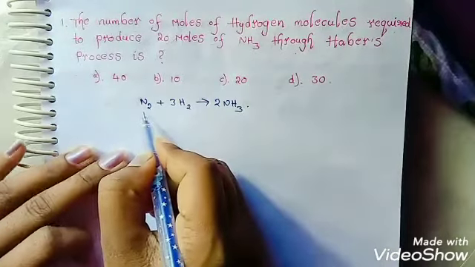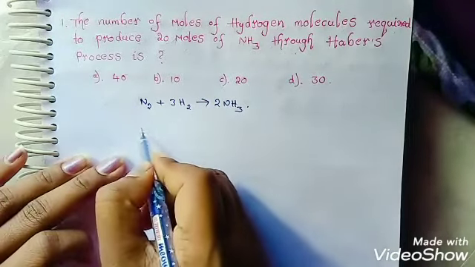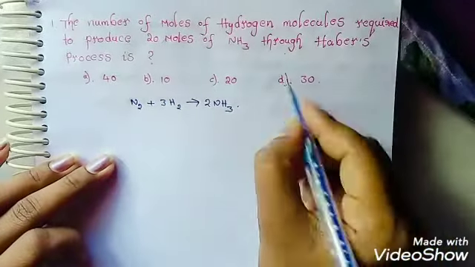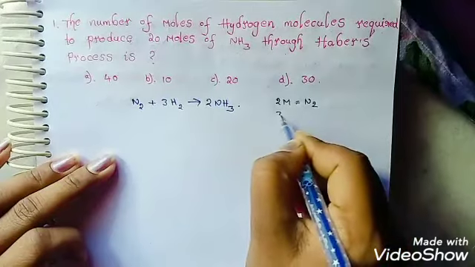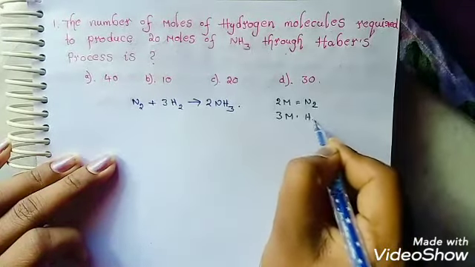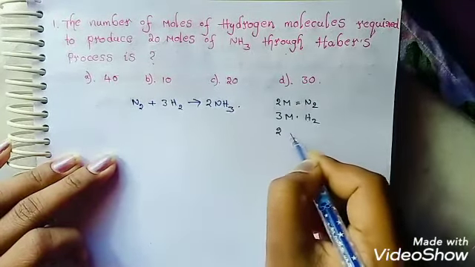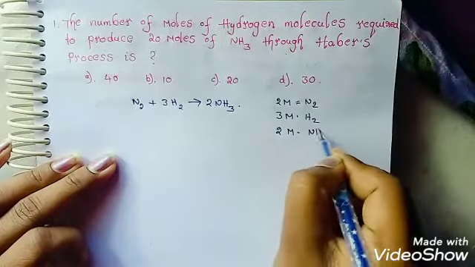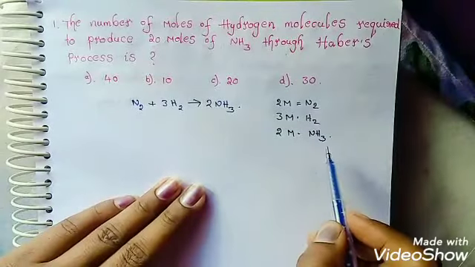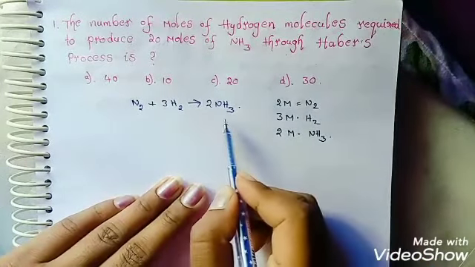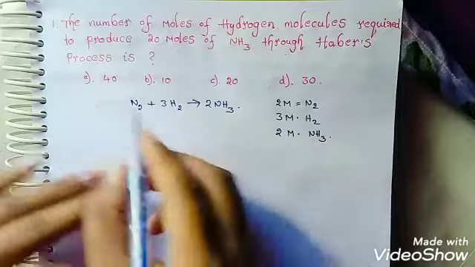Here N2 indicates a nitrogen molecule. That means 1 mole of N2 and 3 moles of H2 give 2 moles of ammonia, NH3. This is the formal equation for Haber's process.